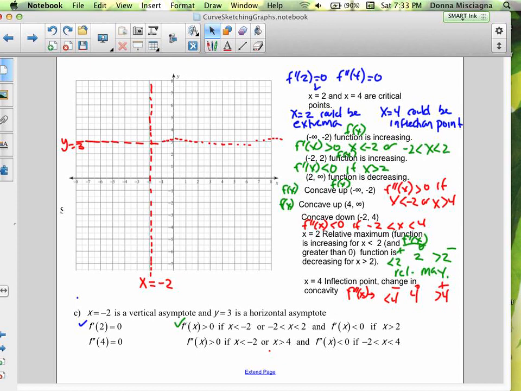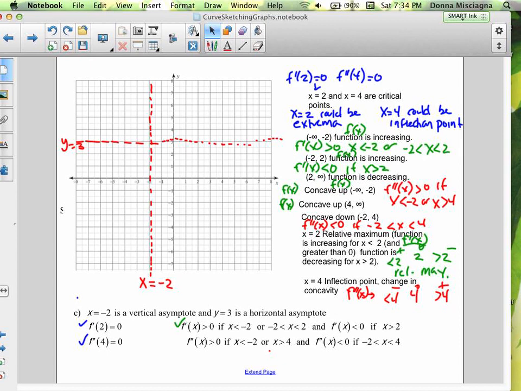And f of x is decreasing from 2 to infinity, because the first derivative is less than 0 if x is greater than 2. From the second derivative, we have a critical point at x equals 4, because the second derivative equals 0 there. It could be an inflection point. We have to look and see if it changes sign.